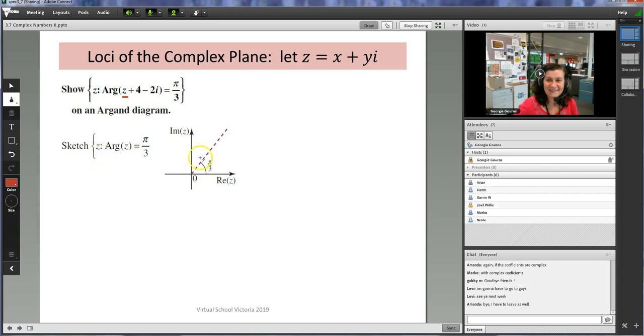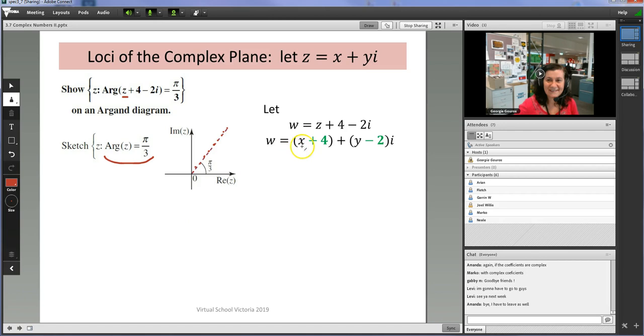So basically, the complex numbers that have an argument of pi on 3 without being translated would be all the complex numbers on this locus. They all have the argument pi on 3. You agree with me there? Because they all make that angle with the real axis. So what we want to do is take away 4 and add 2i to that to get all of them. So we're actually translating them.